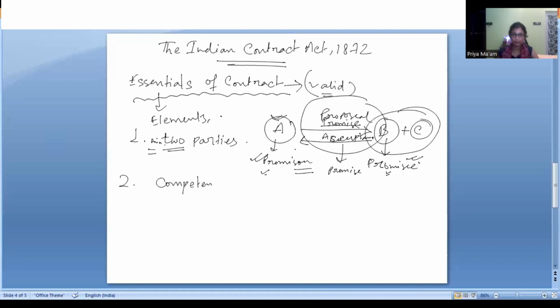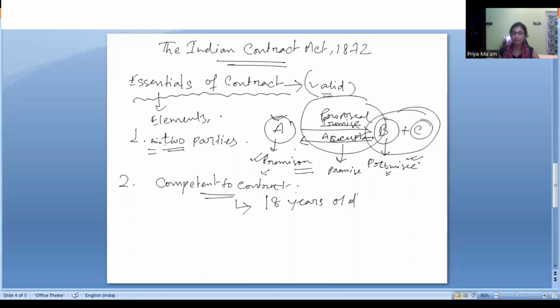Competent to contract. Who are the competent parties? Here the competency to make a contract will be checked. Like the person should be 18 years old.